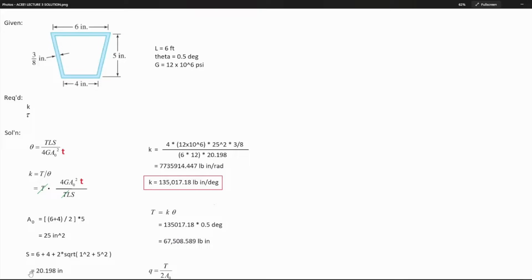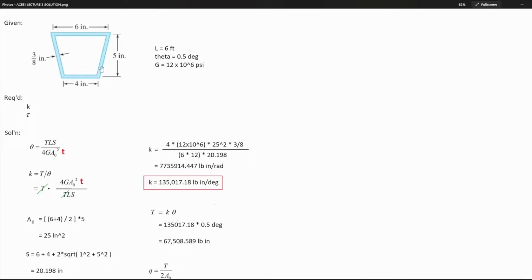Next is to solve for S. S is the perimeter of the middle of your thin-walled tube. So, you just take the sum. It's 6 plus 4 plus, this is the hypotenuse of a triangle. What is the leg here? This is 1 inch, because 1 inch plus 4 plus 1 inch is 6.